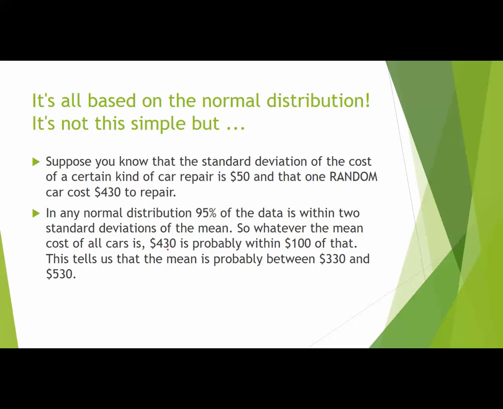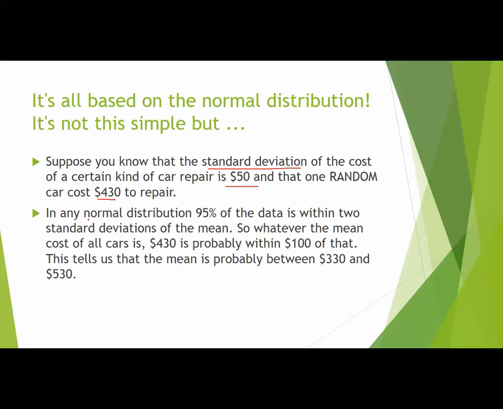And inference is based on the normal distribution. It's not quite this simple, but this will give you the idea. Suppose you knew what the standard deviation was for the cost of a certain kind of car repair. And suppose the standard deviation was $50, and you had one random car repair that cost $430.